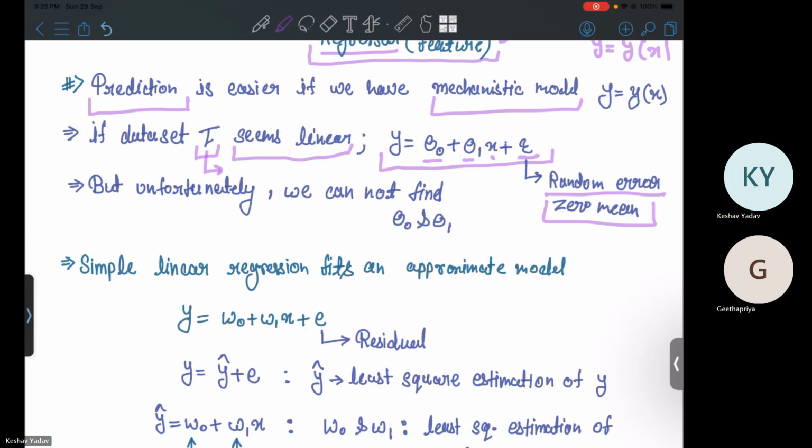But unfortunately, we cannot find theta naught and theta 1, as we have seen in the case of the voltage difference applied on a copper rod. There were n equations and n plus 1 unknowns. Similarly, here also the number of equations is less than the number of unknowns. So we cannot find theta naught and theta 1.